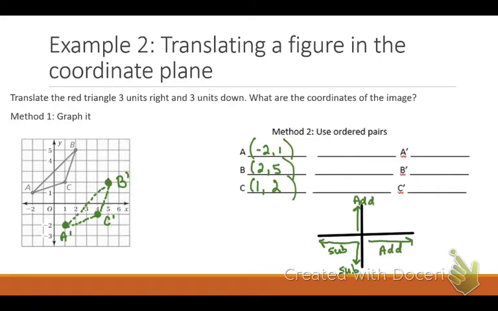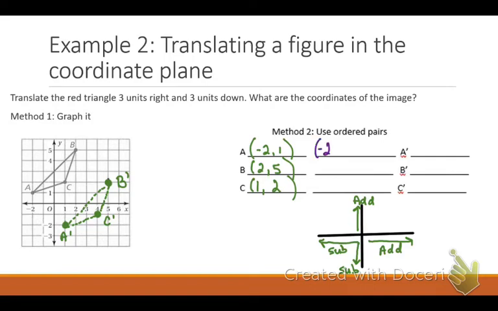Okay? So here's what we're going to do to the ordered pairs. Now, eventually, and probably pretty quickly, you'll be doing this mental math. But for now, I want you to show the work so you can understand why we're adding and subtracting. So in this middle blank, we're going to write what we are doing to the X values if we're adding or subtracting. So we're going to take -2.